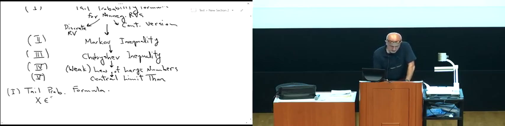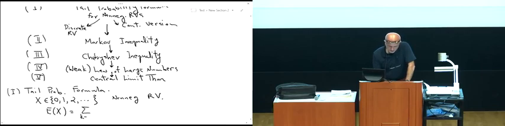Suppose x is a non-negative discrete random variable that takes on these values. The tail probability formula says that the mean of x can be written as the summation from 0 to infinity of the probability that x is greater than k.